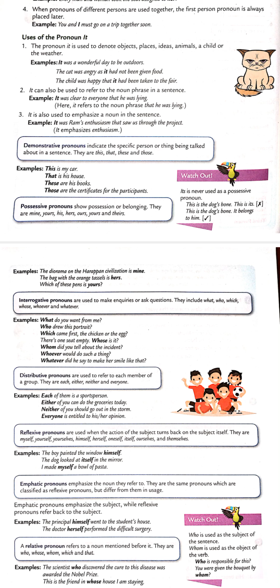Like, each of them is a sports person. Either of you can do the groceries today. Neither of you should go out to the store. Everyone is entitled to his or her opinion.